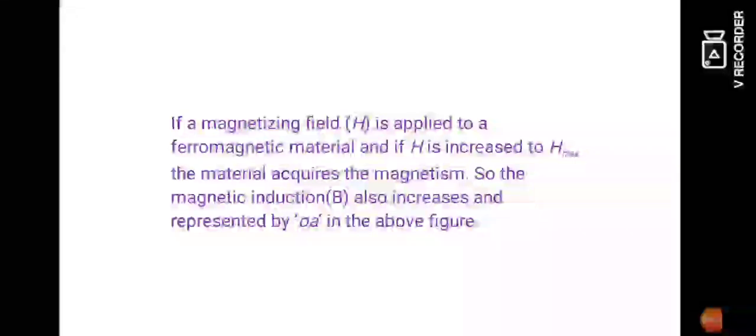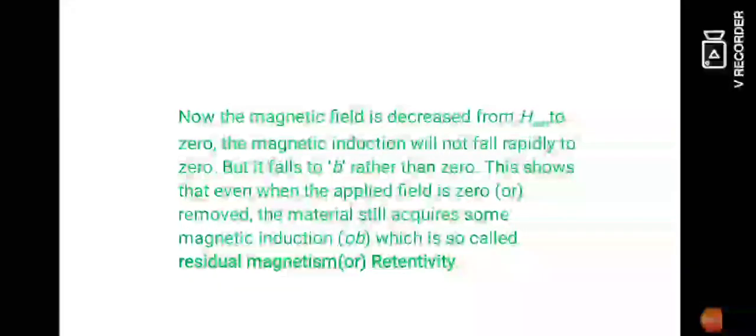So that is clearly given here. If a magnetizing field H is applied to a ferromagnetic material and H is increased to H max, the material acquires magnetism. So the magnetic induction B also increases, represented by OA in the above figure. Now the magnetic field is decreased from H max to 0. The magnetic induction will not fall rapidly to 0, but falls to B rather than 0.